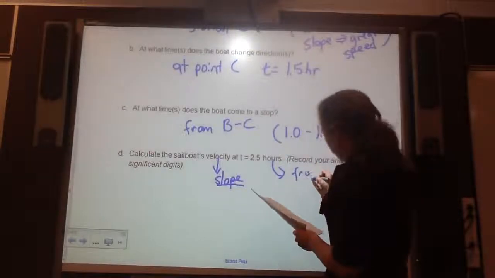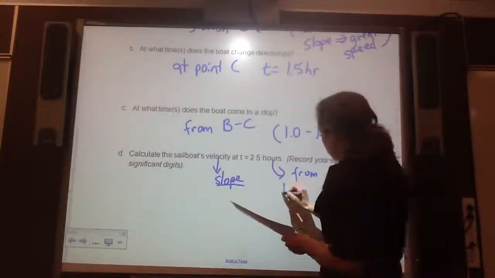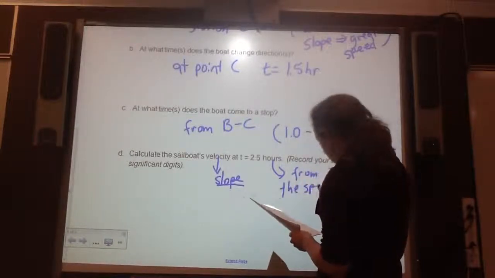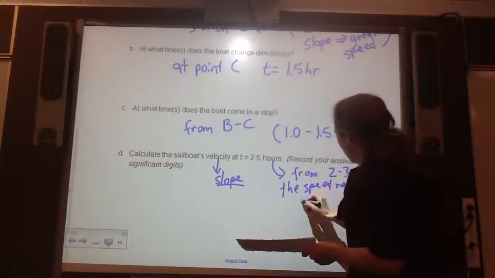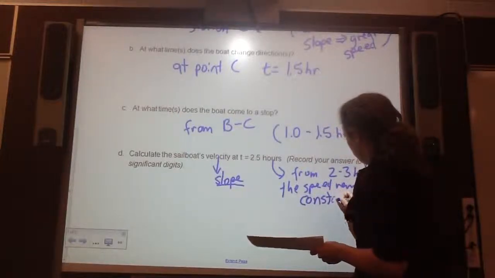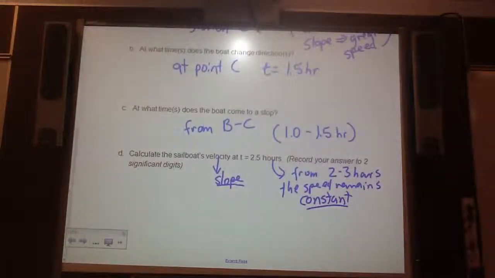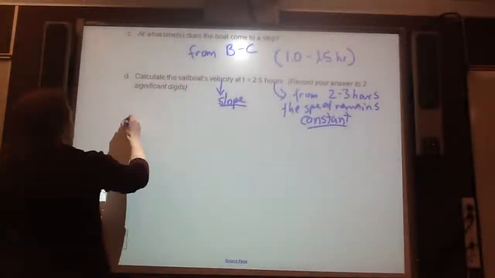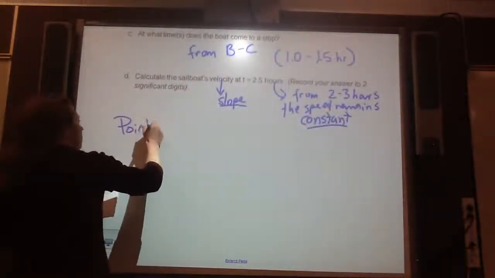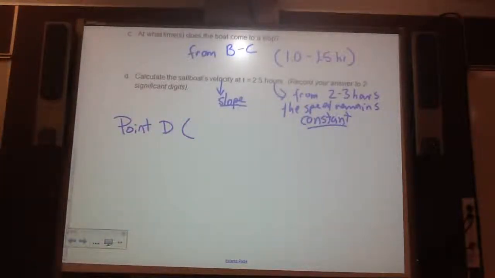From 2 to 3 hours, the speed remains constant. It's a straight line. So to find slope, I'm going to use points D and E. So point D, what are my coordinates for point D, Lisa?